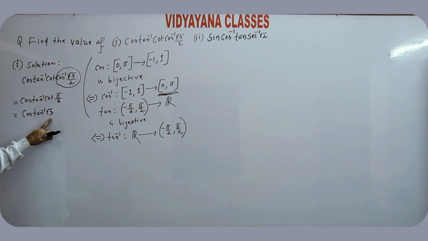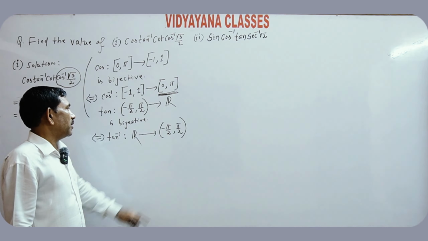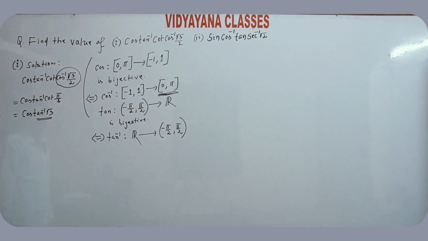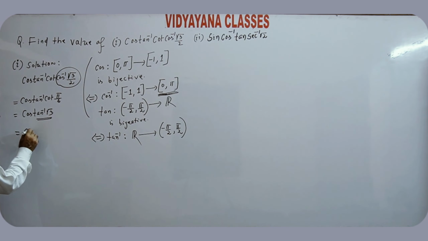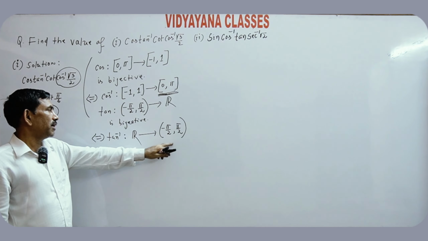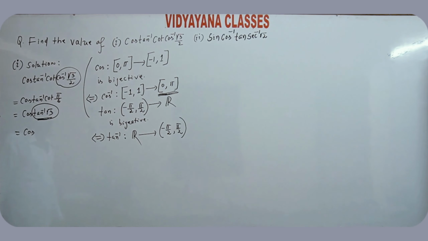Now tan inverse root 3 represents a radian angle. For which angle that belongs to this set is the tan value root 3? Tan 60 degree is equal to root 3, that means pi by 3. Now cos 60 degree is equal to half.